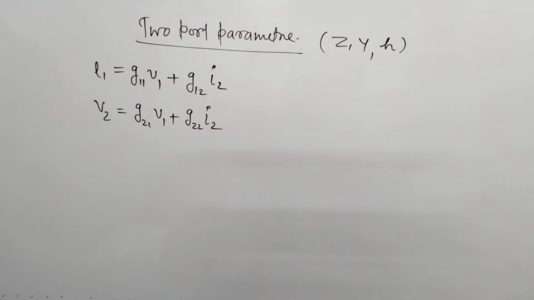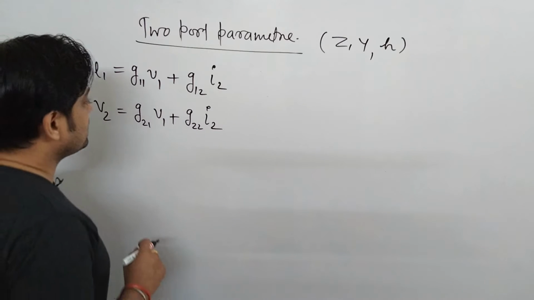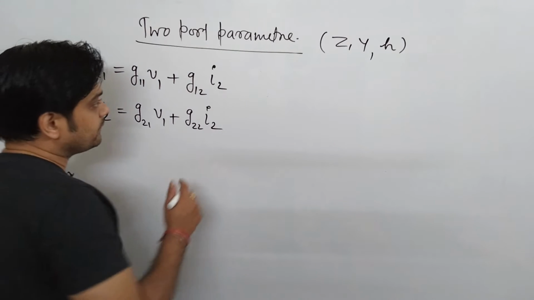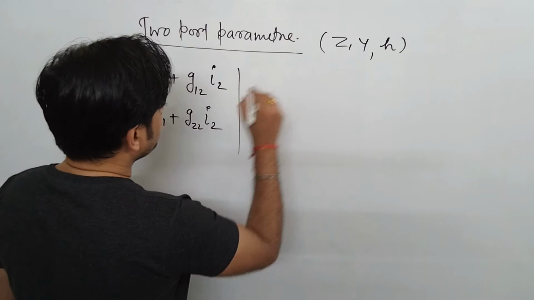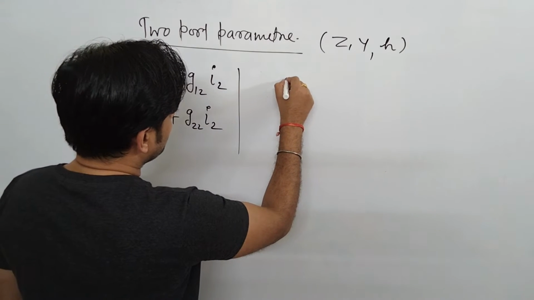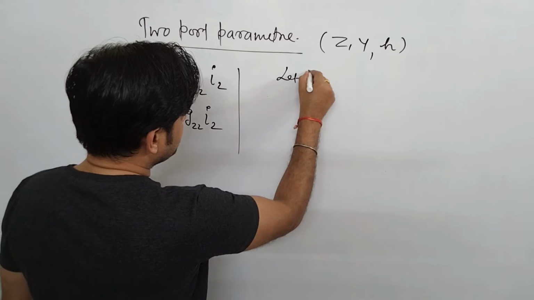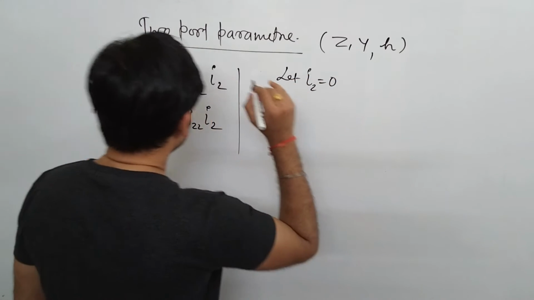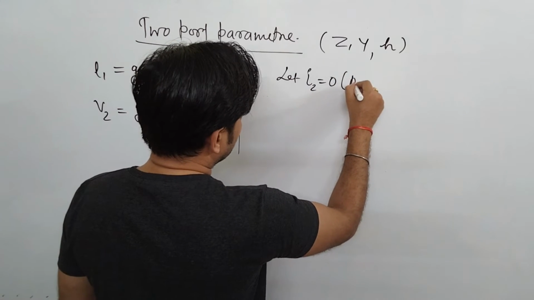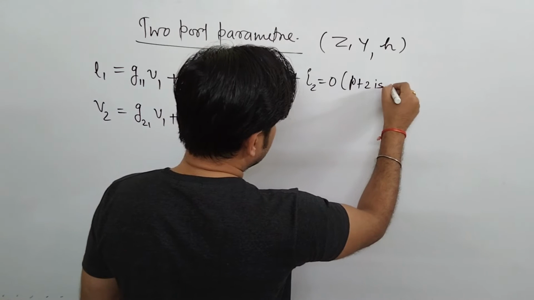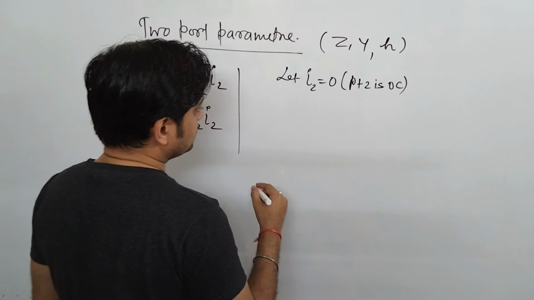Now if I take the condition, let I2 be 0, it means port 2 is open circuit.